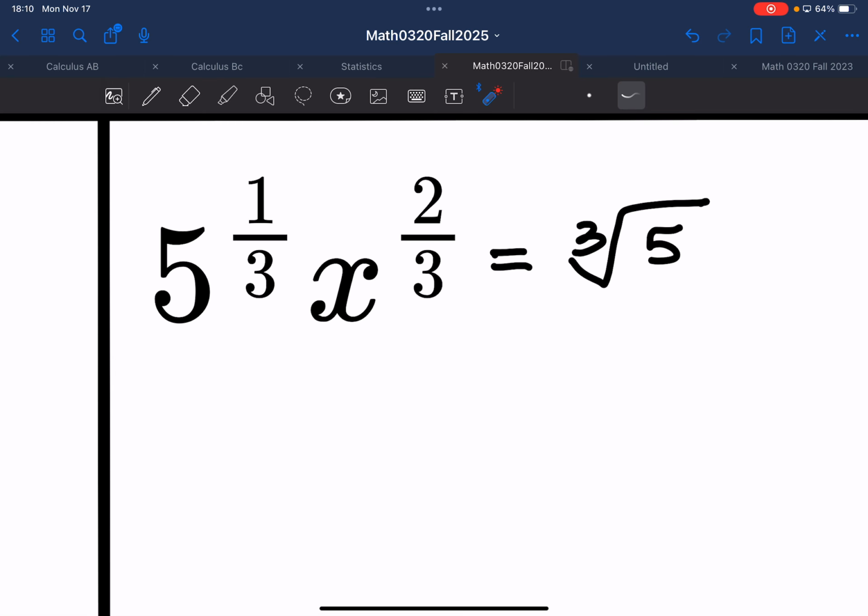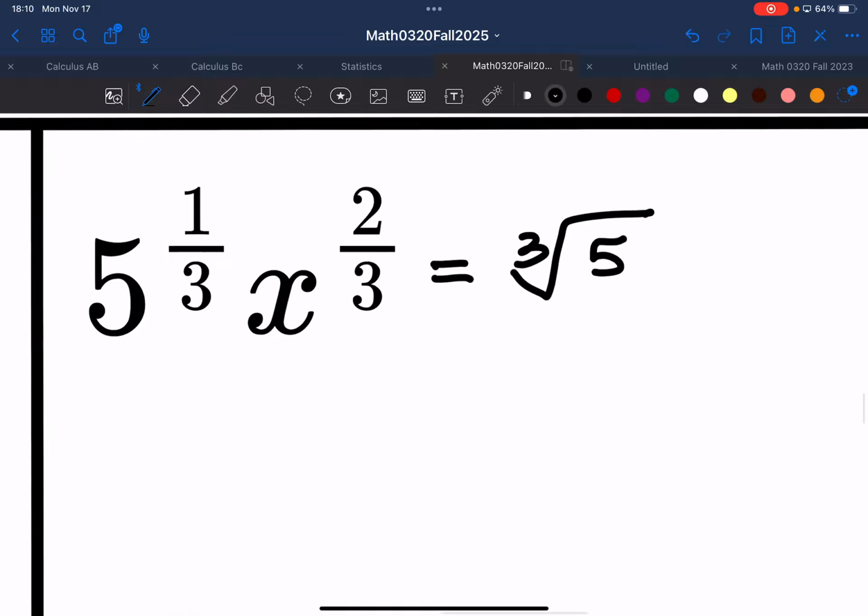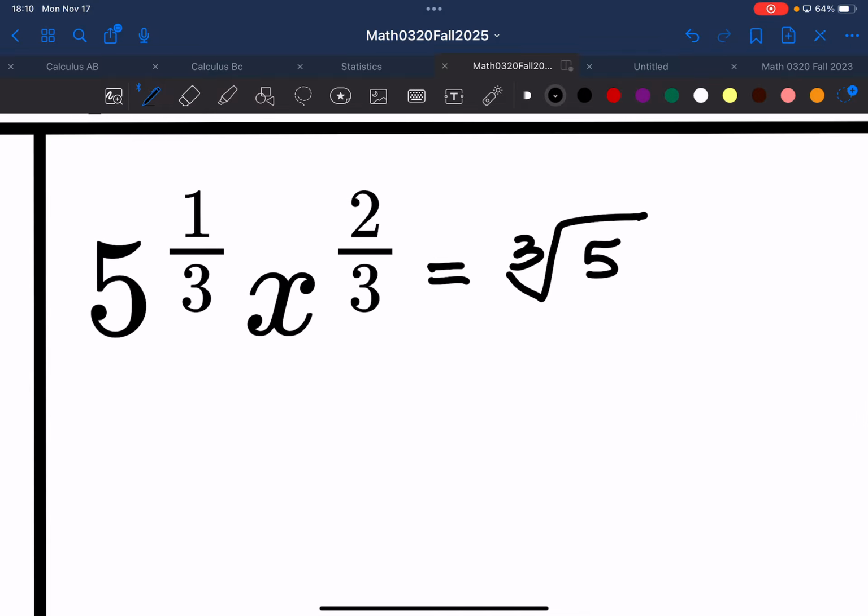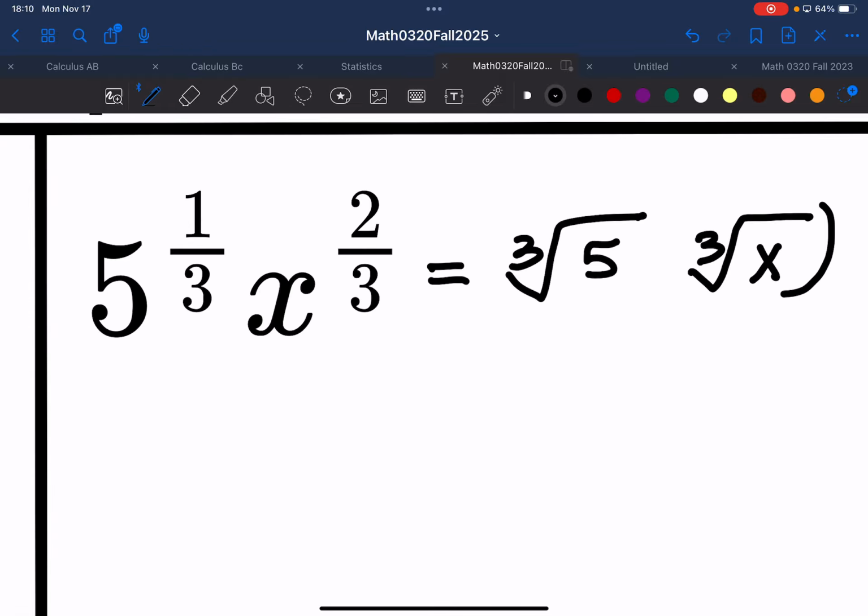How would I write x to the 2/3 power? The third root of x squared. Do you always need parentheses when it comes to the exponent?